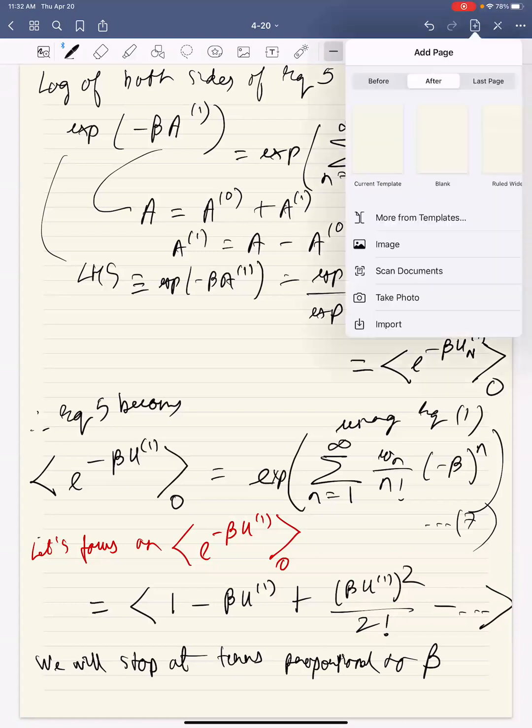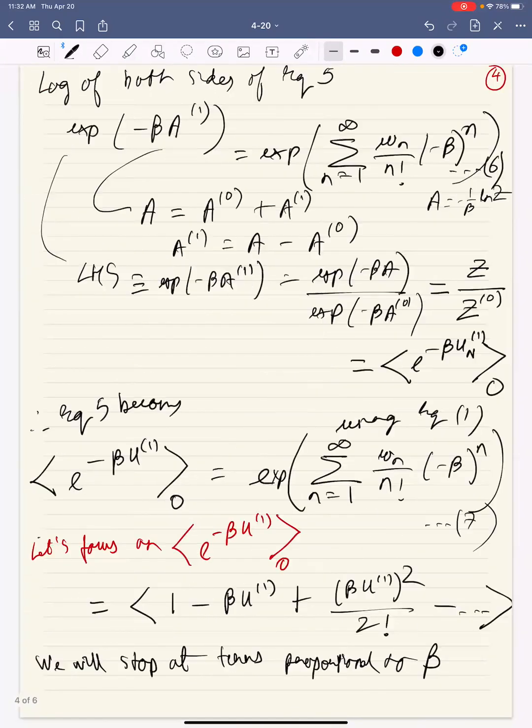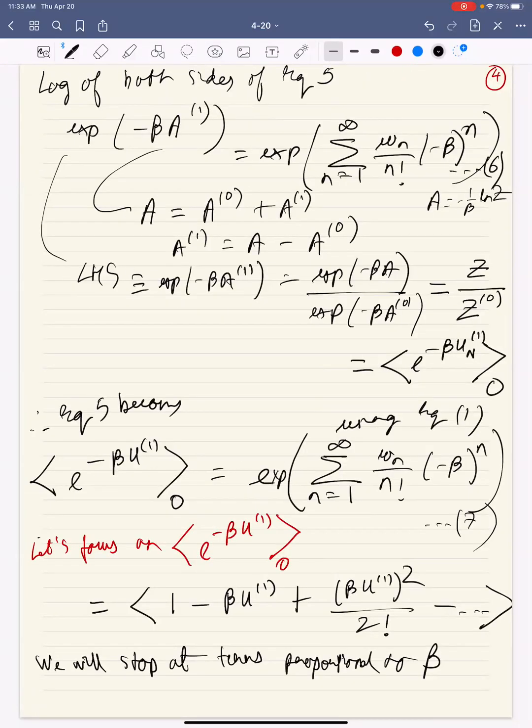Again, I will write down the main equation that we are comparing. So equation 7 was exp of minus beta U1 calculated in the ensemble 0, to be compared with the exp of something that doesn't have an ensemble average.